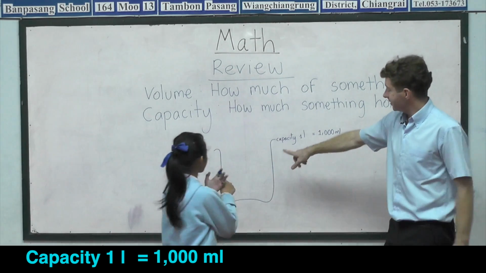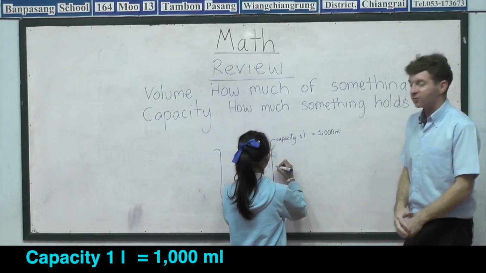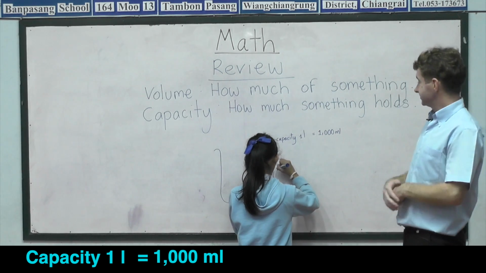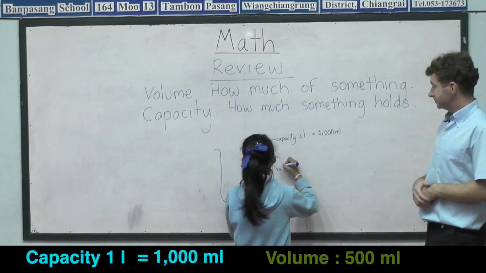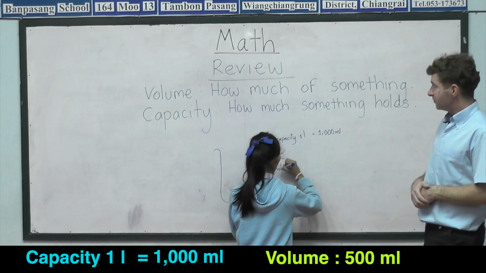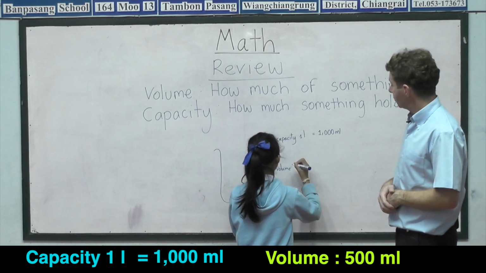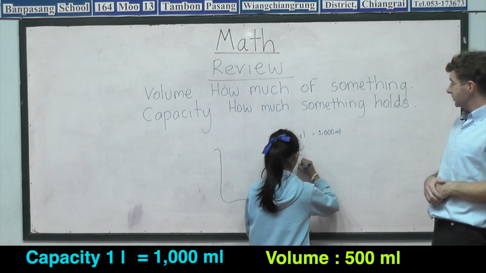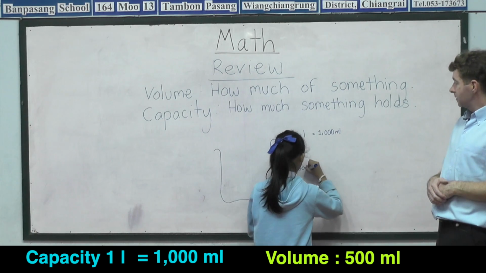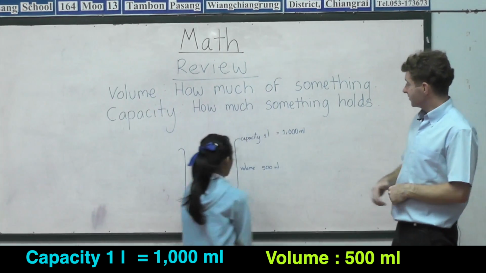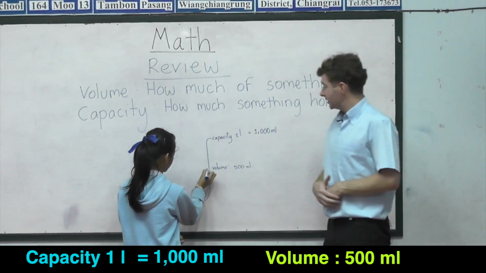So let's think, capacity at the top. Where will the volume go? V-O-L-U-M-E. Excellent. 500 milliliter. And can you draw your water line going across?